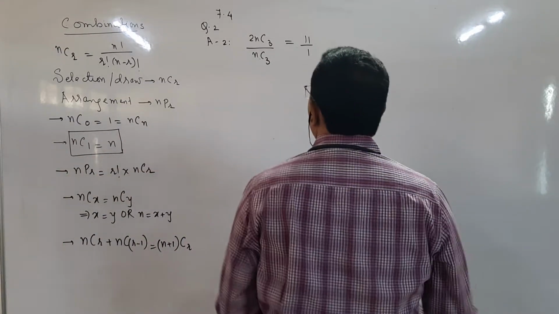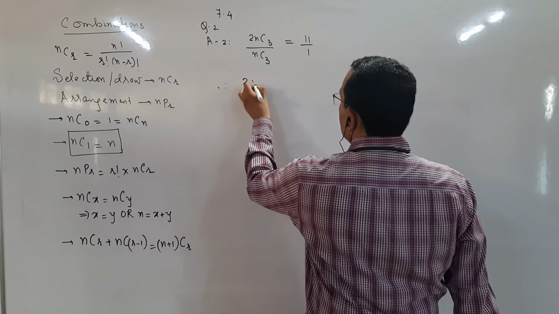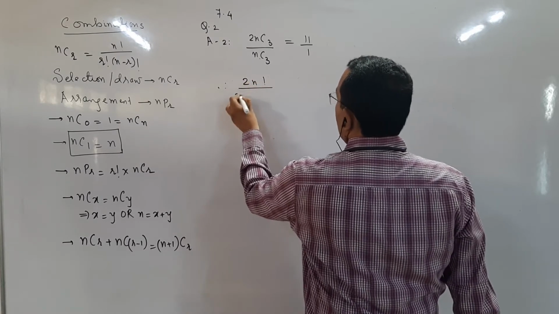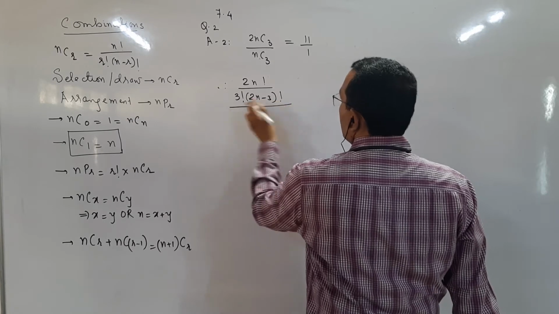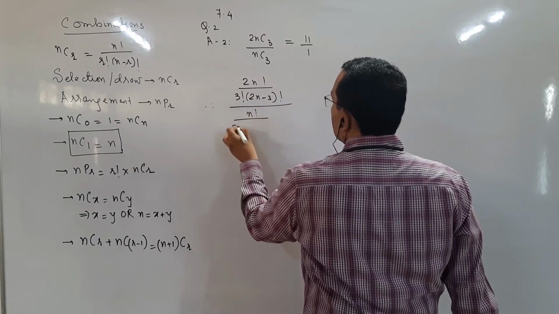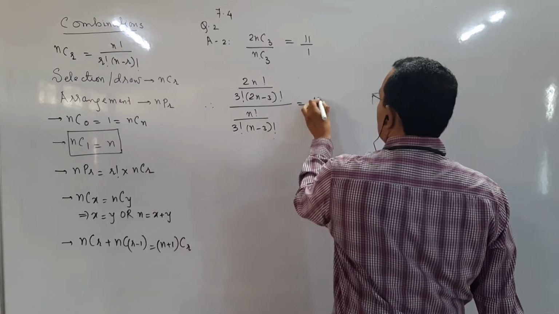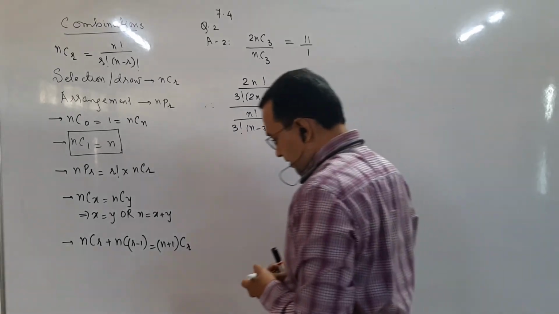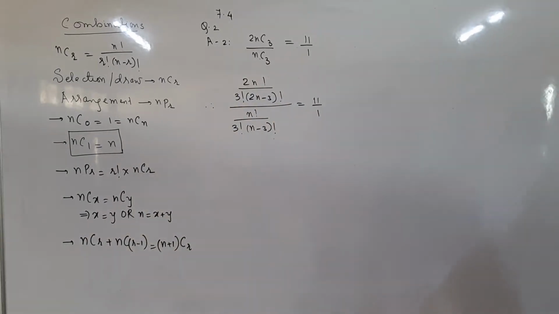So apply the formula of nCr. Instead of n, we have 2n. So this works out to be 2n factorial upon 3 factorial into (2n minus 3) factorial, upon n factorial upon 3 factorial into (n minus 3) factorial, and this is equal to 11 is to 1.